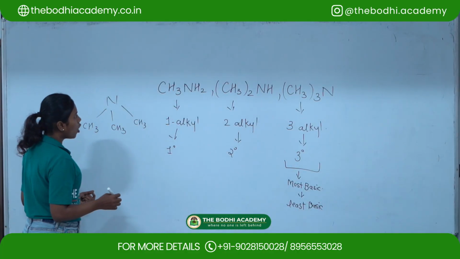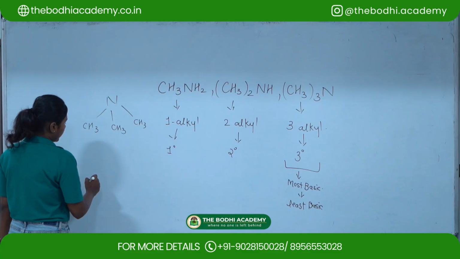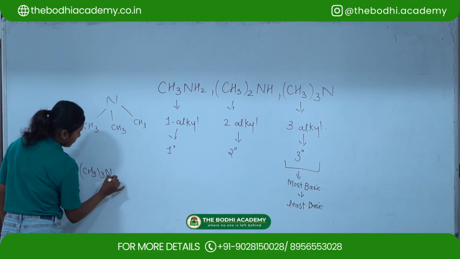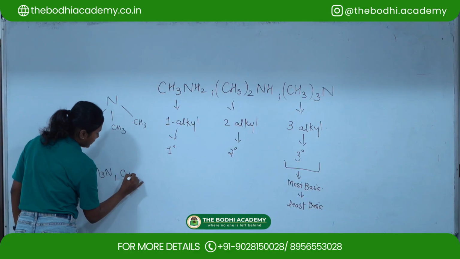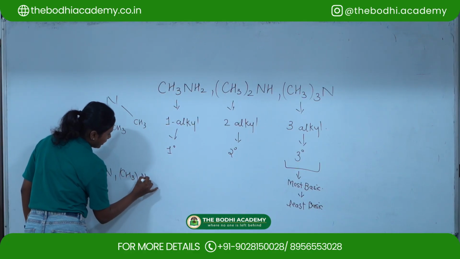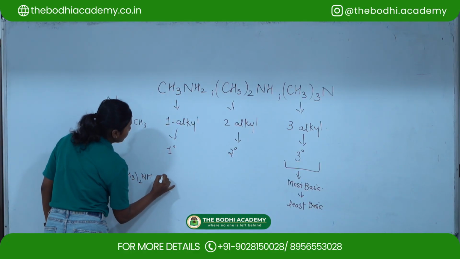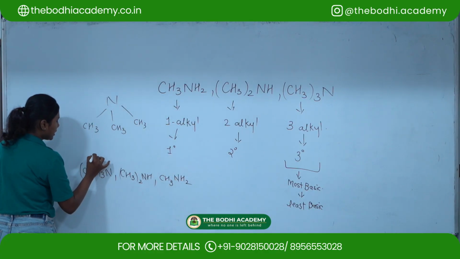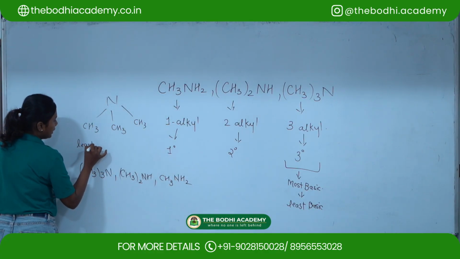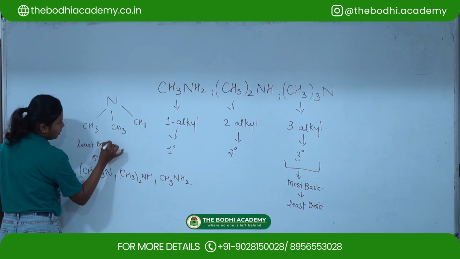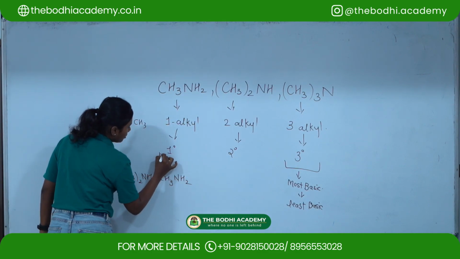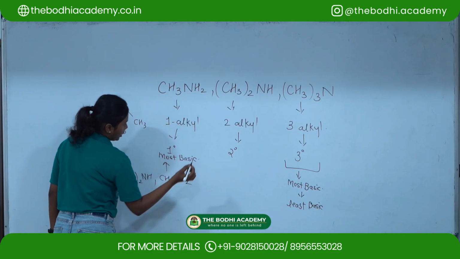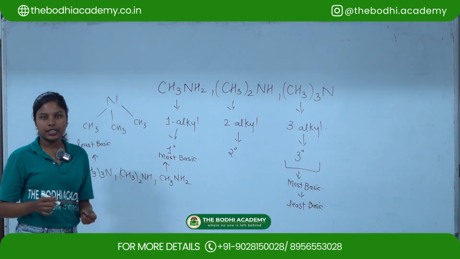So over here the order will be: the least basic will be (CH3)3N, then we will have (CH3)2NH, and last we will have CH3NH2, where this is the least basic and the primary one is the most basic. So this was about their basic strengths.